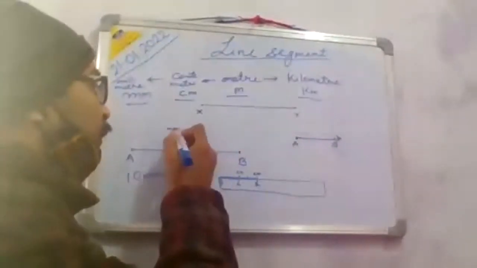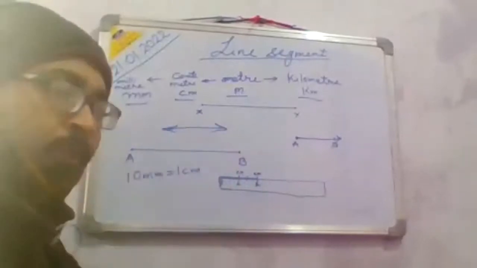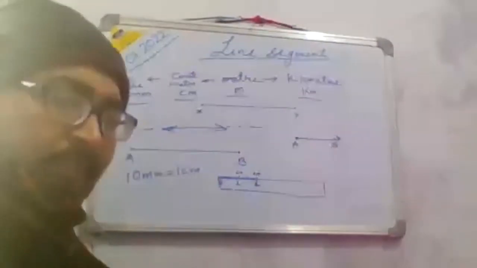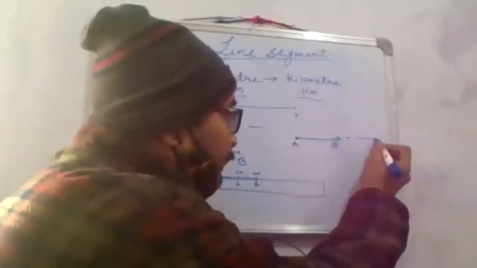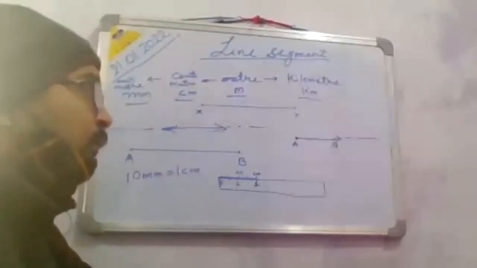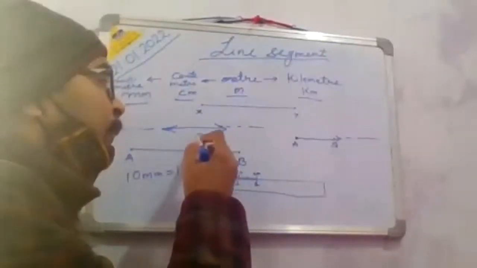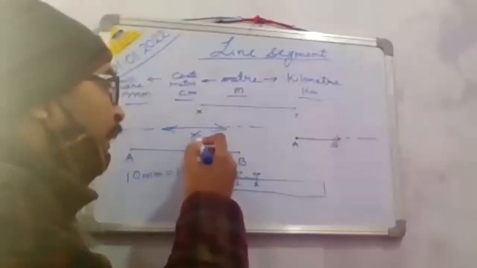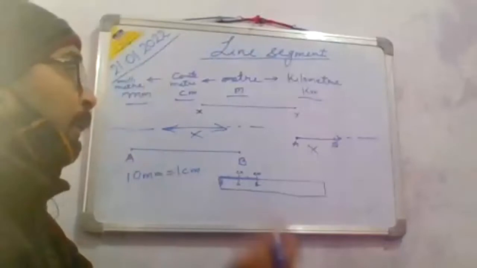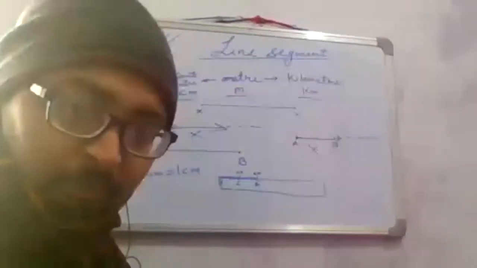In a line there are 2 arrowheads. It means they can be extended in both directions. In a ray it can be extended in only 1 direction. So that's why line and ray can't be measured, but a line segment can be measured.